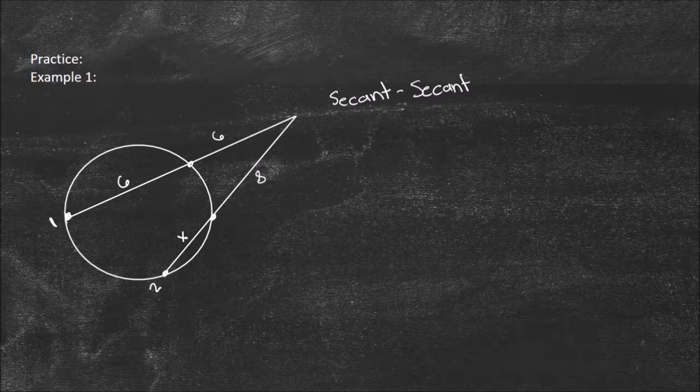Now I know I need the length of the entire secant because that's part of my formula, and I also need the length of the external parts. So: entire secant and external parts. And remember, the external parts are the parts outside of the circle. I've said that a few times now, but just to make sure.